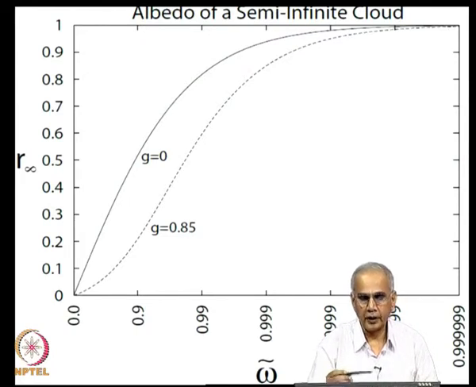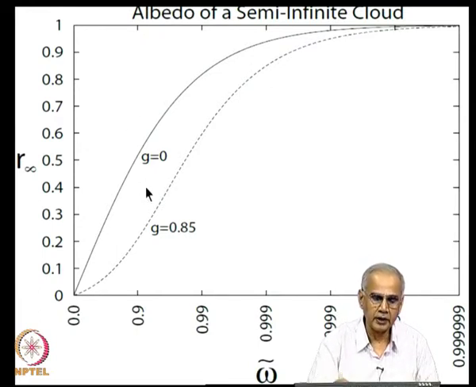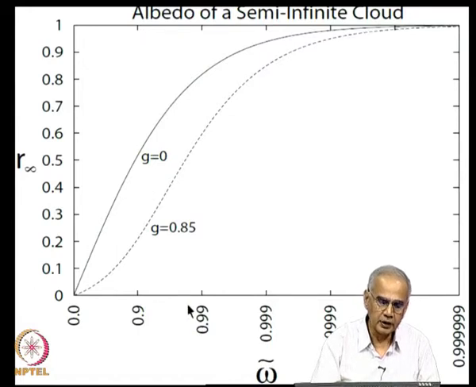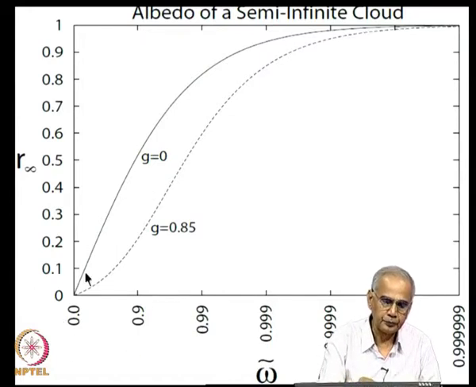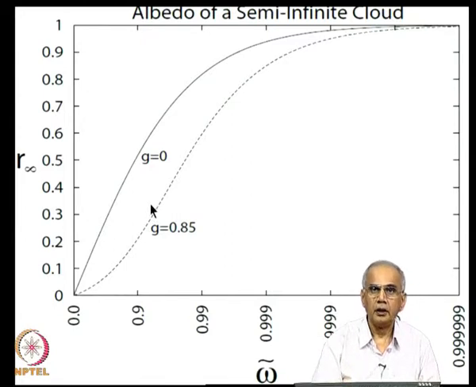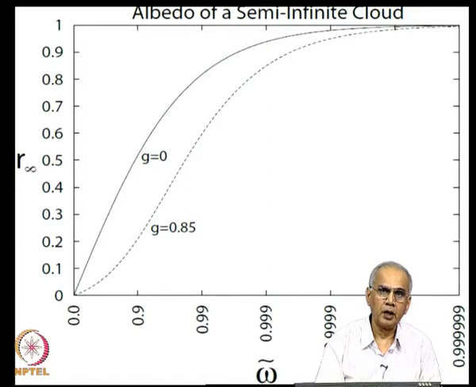So, this also gives a rough idea of the kinds of errors one makes when you assume isotropic scattering. You can see clearly from this picture that if the single scattering albedo is quite low, less than 0.9 or even less than 0.99, there is a large difference between the results for isotropic scattering and non-isotropic scattering, indicating that you have to be very careful about the assumption of isotropic scattering.